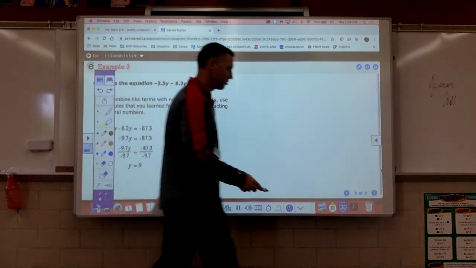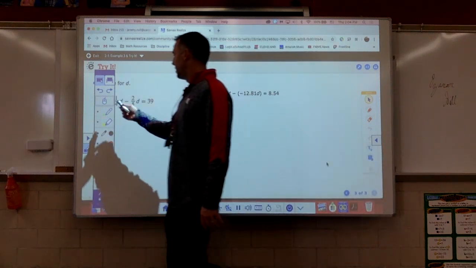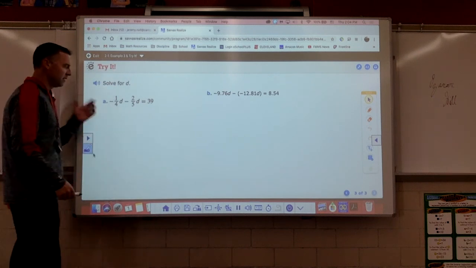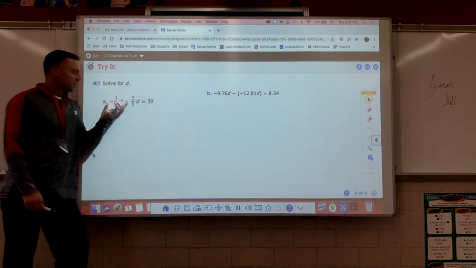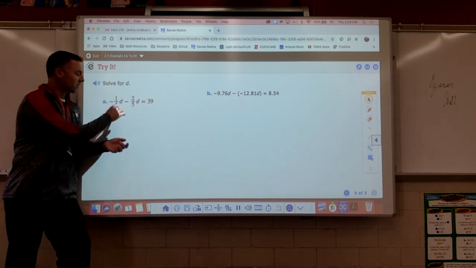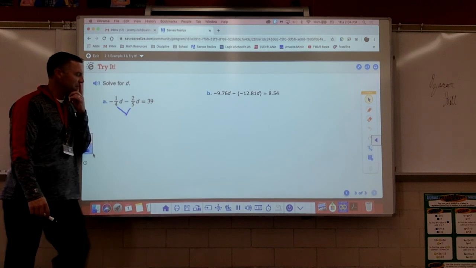Try it. If you want to pause it, solve these on your own. Come back, check it out here in a second. Step 1, these two things have the same variable. They're called like terms. Combine them together. Negative 1/4 minus 2/5.